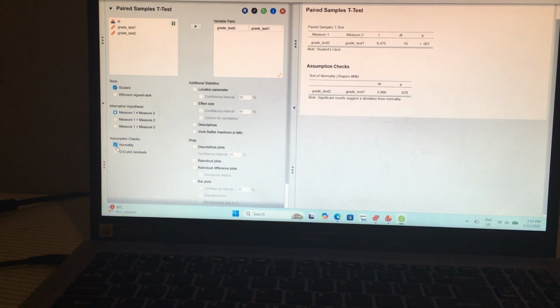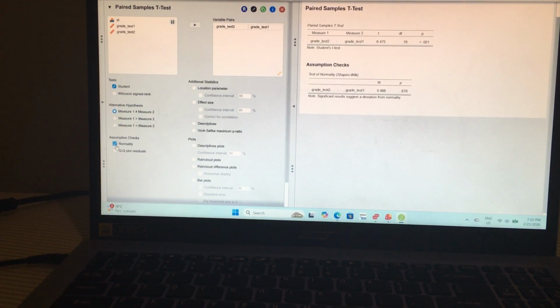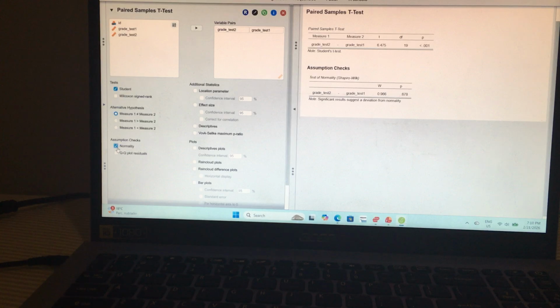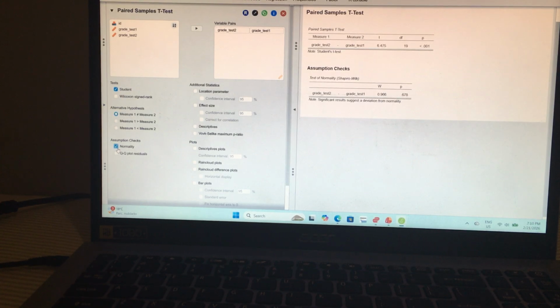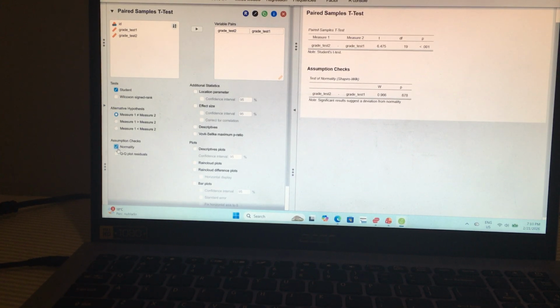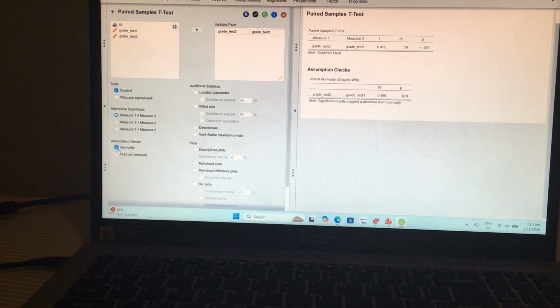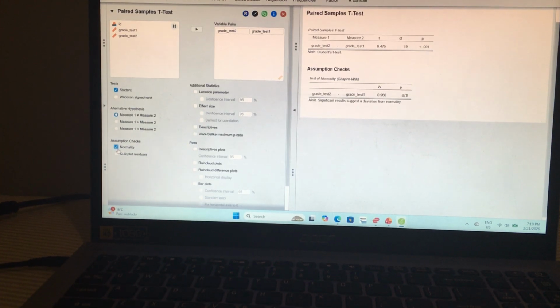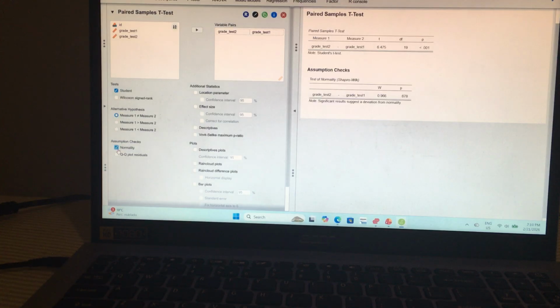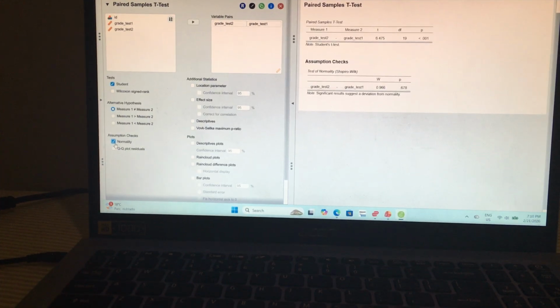It reports that for this paired samples t-test, we have a big W of 0.966 with a p-value of 0.678. And so again, it's telling us that this significant result does suggest a deviation from normality.